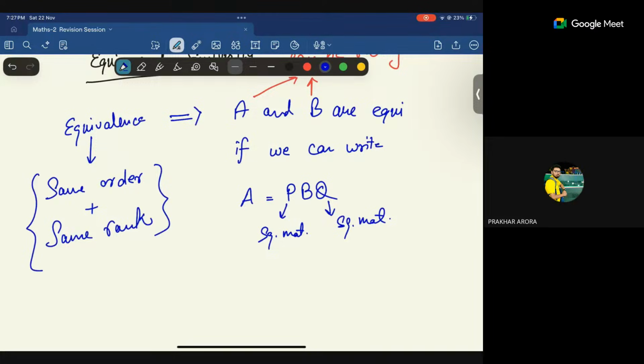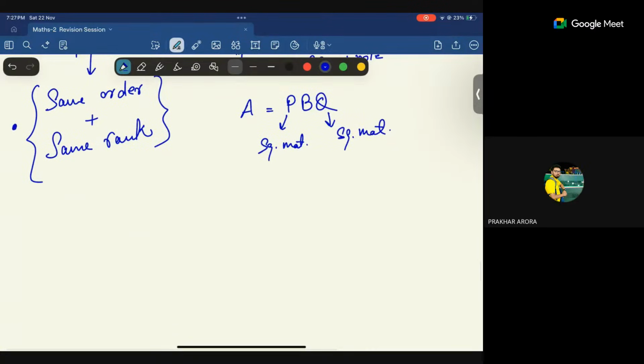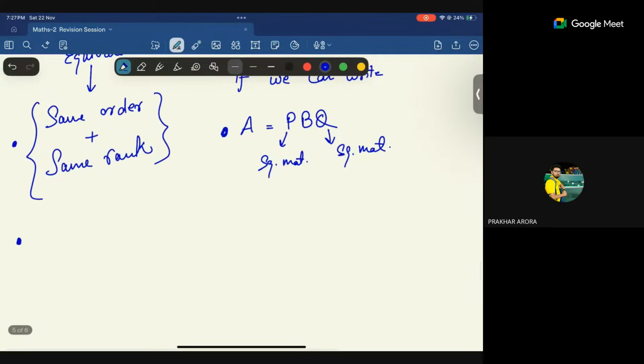If two matrices have the same order and the same rank, then we say those two matrices are equivalent. Sir, by same order, what do you mean? A is m cross n and B is also m cross n. This is called the order of the matrix.